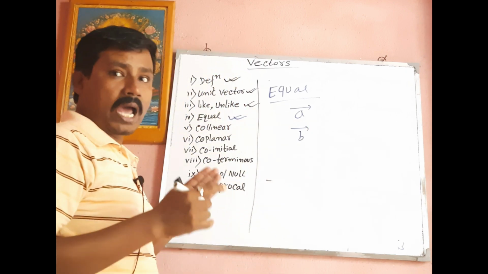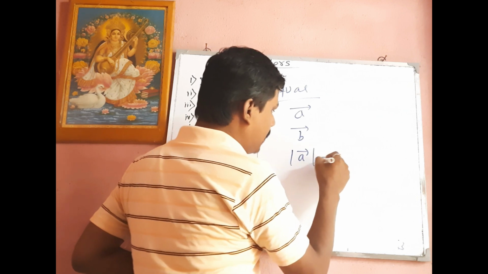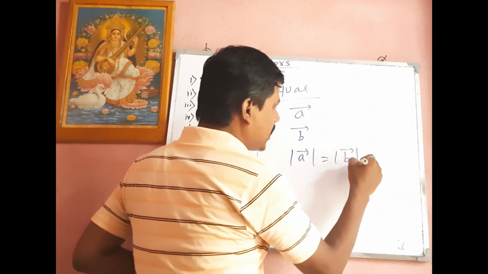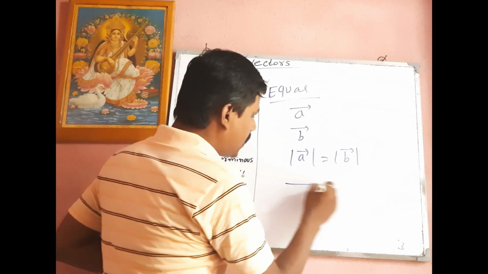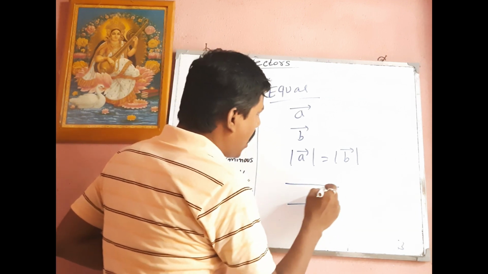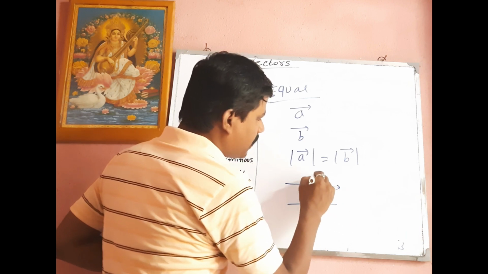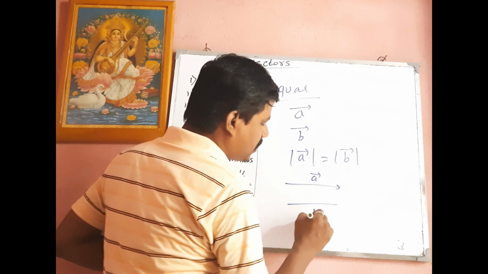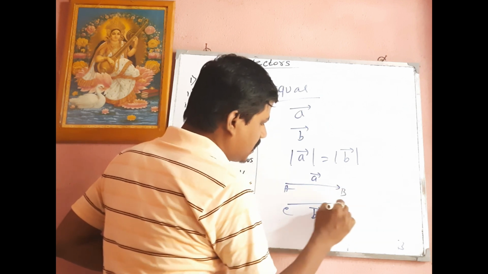Then A vector and B vector will be the equal vector if their magnitude and direction is the same, or A vector or B vector. This is A vector, this is the representative of A vector, and this is the B vector, and this is the AB and this is the CD.